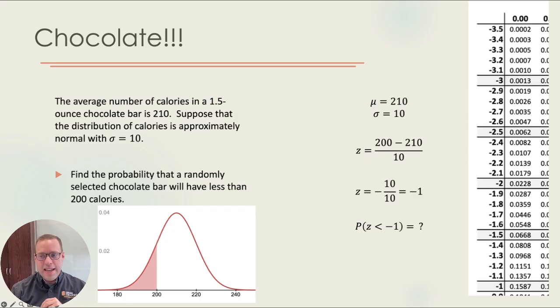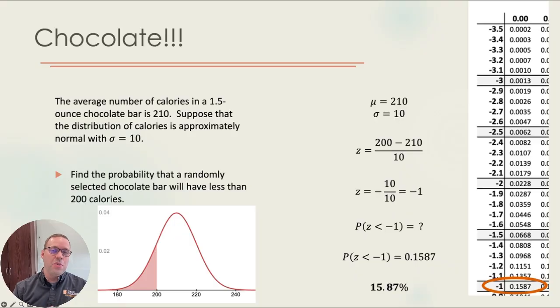So we find on the left-hand column -1, and then find the column -1.00, and that will give me this value right here of 0.1587. And so we get that the probability of a z-score less than -1 is 0.1587, or 15.87%.